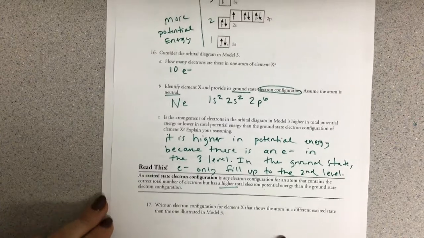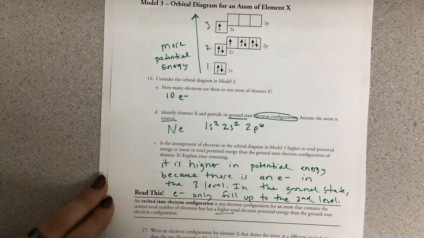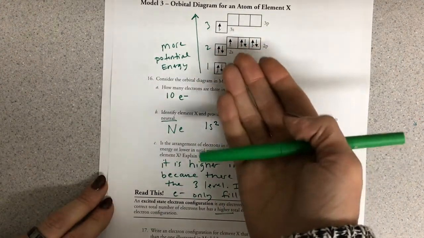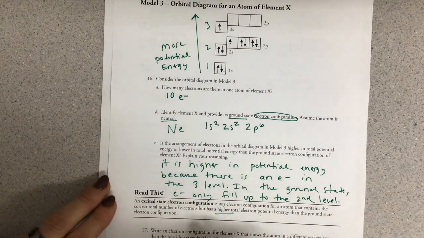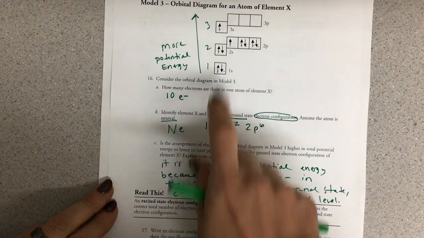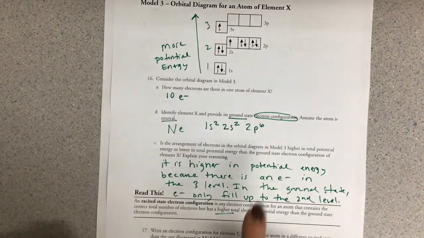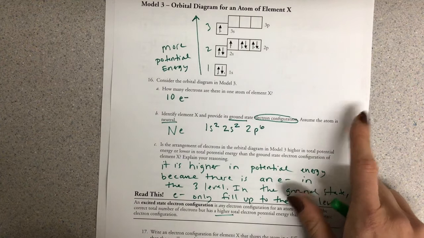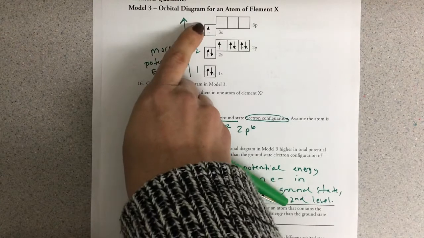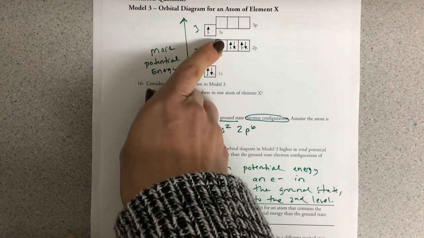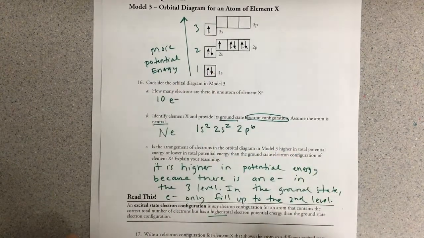Now, I wouldn't expect you to know what level an electron would jump to, but if I showed you something like this, you would say, oh, I know that this is an excited state because that guy should be right here. But notice how it still has the same number of electrons. There's still 10 electrons here, but one is just not in the right spot. So we want to be thinking about how this relates to fireworks. What happens is when this comes back down to here, because it gets excited and then comes back to its ground state, something happens. It gives off color, and we're going to talk more about that.